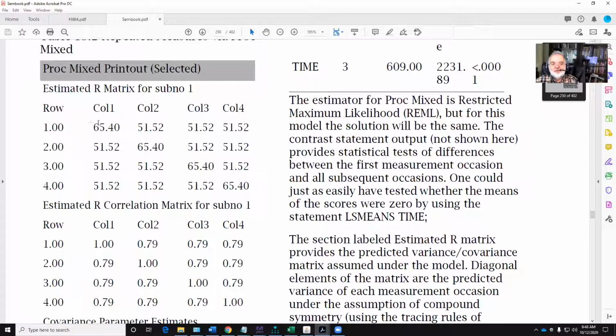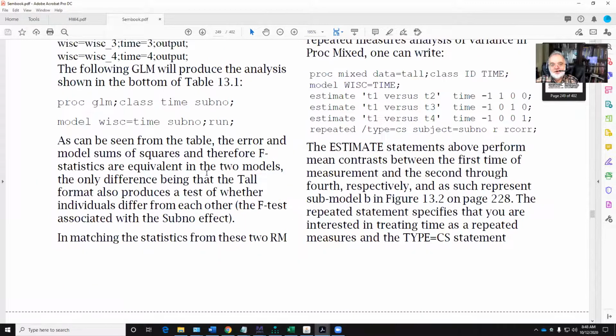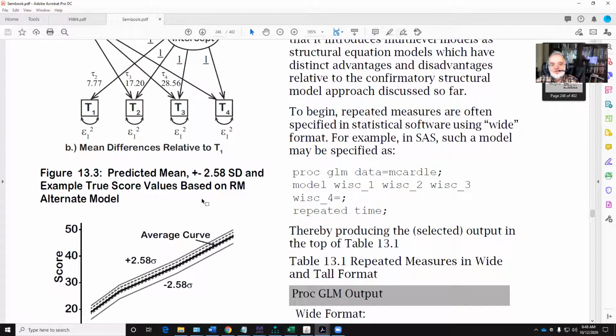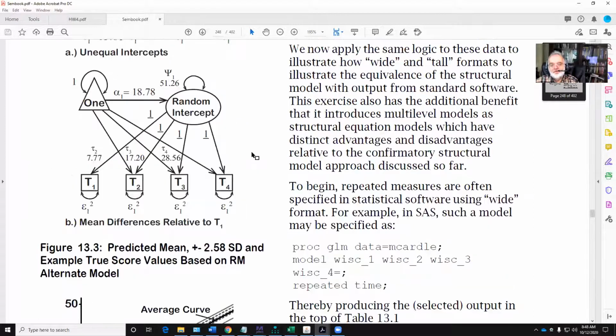If you start seeing that, I'm just using this for didactic purposes. If you start seeing that the variances are changing over the course of time, but your covariances are sort of in the same ballpark, then maybe as a structural equation modeler you come up and say, well, hey, I'm going to free these error variances and compare the null and the alternate model under the assumption that the error variances are different.